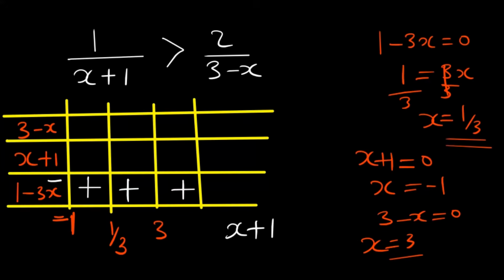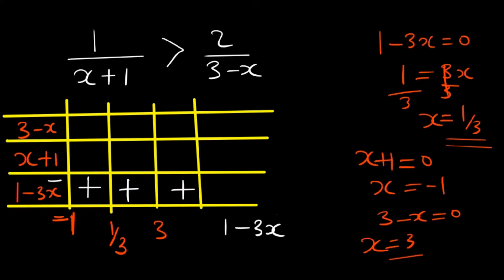Okay, now we come to the other equation. The equation that gave us 1 over 3, I'm going to write it here again. So it is 1 minus 3x. That is the equation that gave us 1 over 3. Now if we get any number that is less than 1 over 3, let's say we get a 0.